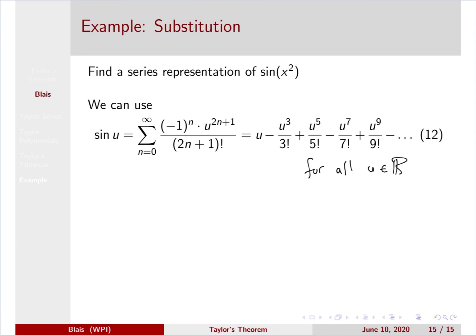So let's try and use this to create a series for sine of x squared, and we note that we can call x squared u. And we can substitute that in for these u's in our series.